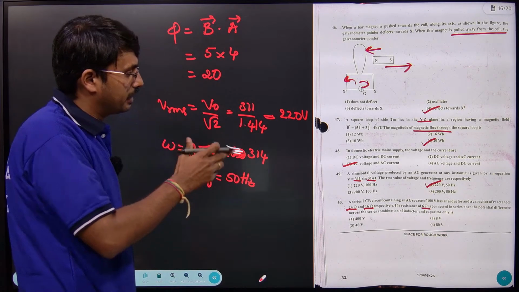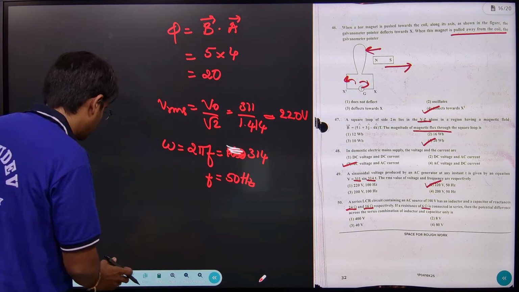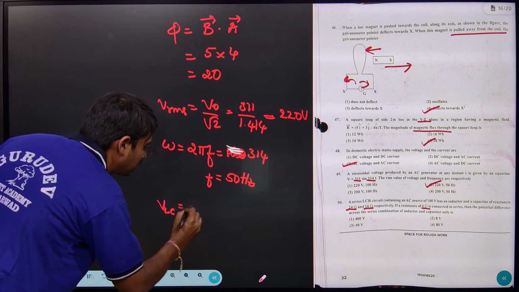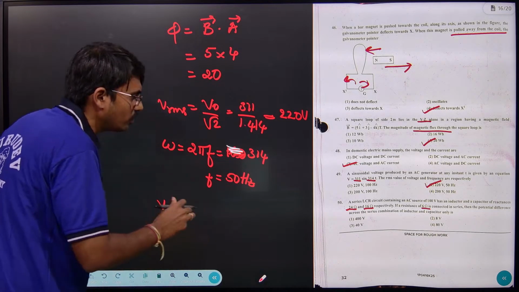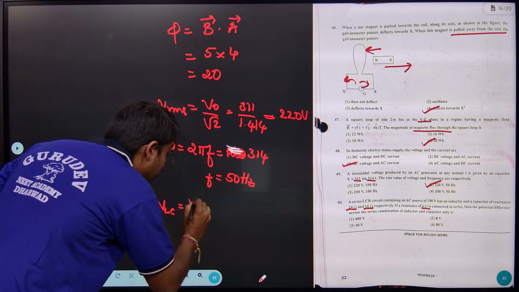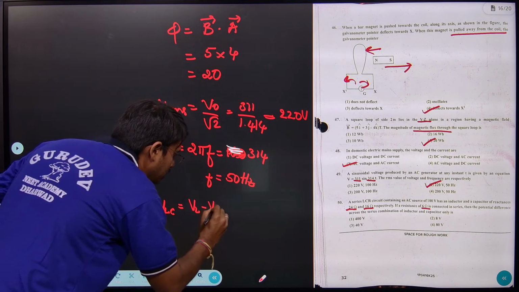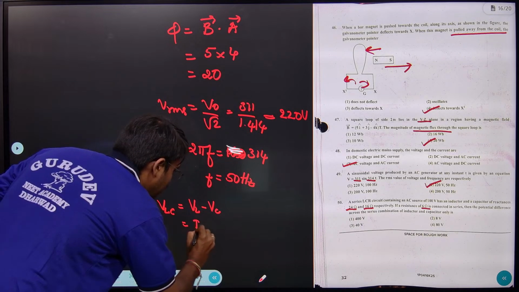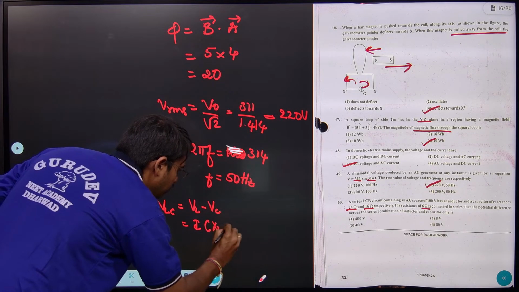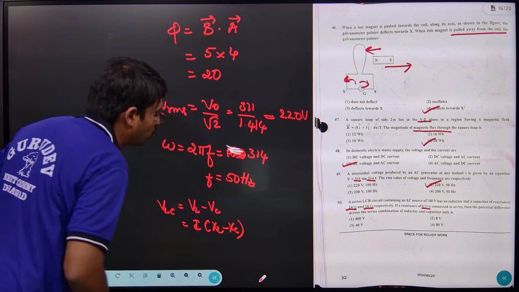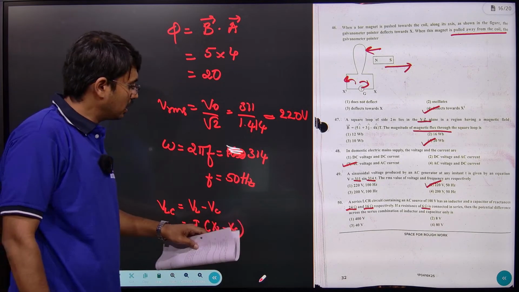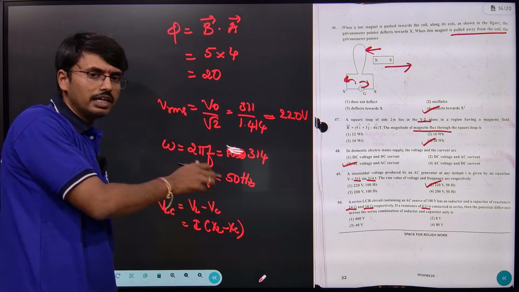In that case, we write the voltage across the LC combination as VL minus VC, which we can extend as I multiplied by XL minus XC. First we have to find I. We already know XL and XC, so once we find I, we can substitute and get the answer.